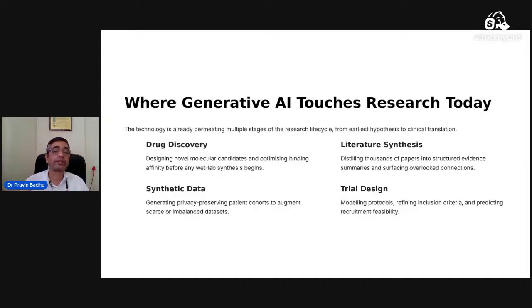And the fourth one is trial designing, where you can design the protocol. I told you earlier that you can have inclusion and exclusion criteria decided with generative AI. Also, you will decide on the flexibility of recruitment of people.